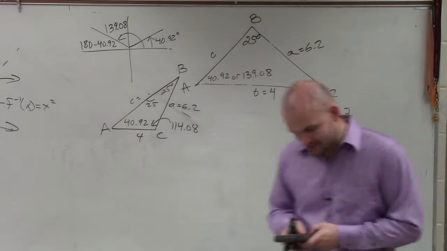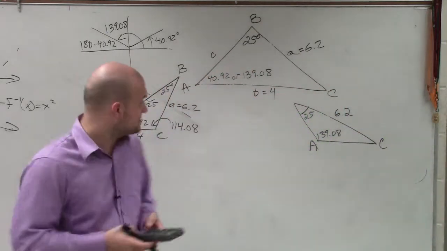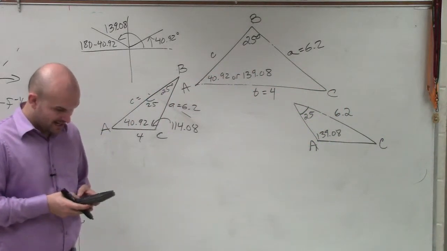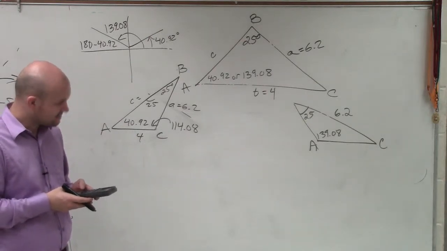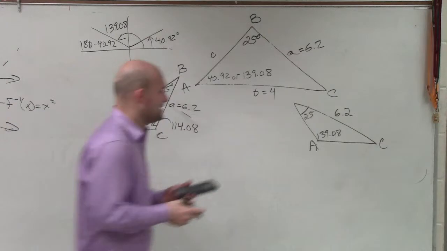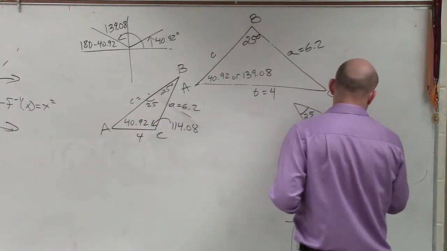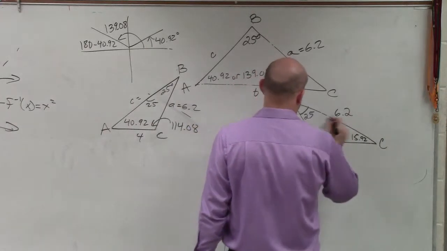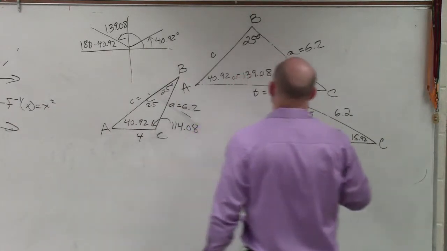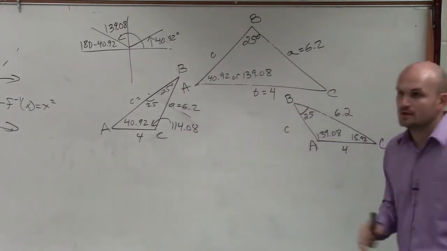So what I do now is I say 180 minus 139.08 minus 25. And that gives me an angle of 15.92. And I still don't know C. And B is 4.